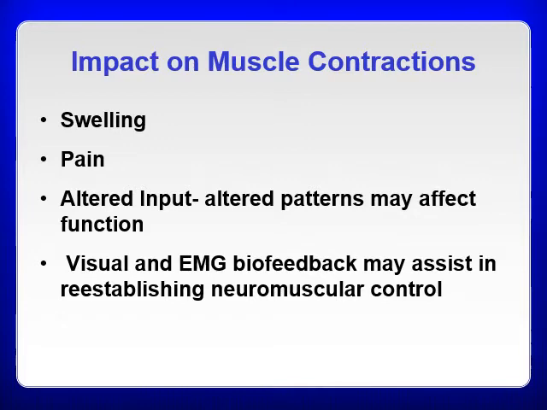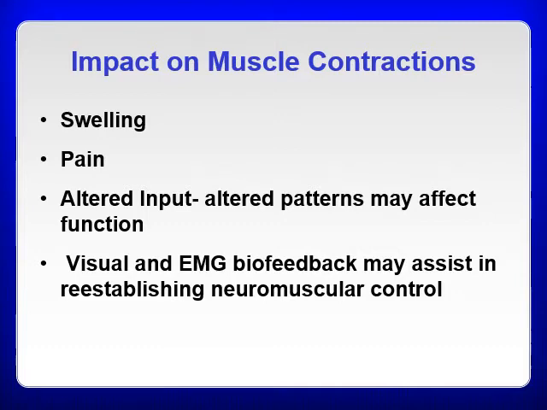Pain will contribute to deficits because the pain itself will limit activity, and it's also going to alter the input to the muscles that surround the joint. That's going to impact what an individual is able to do even with voluntary muscle contraction. And again, there's altered input, and that may affect overall function.